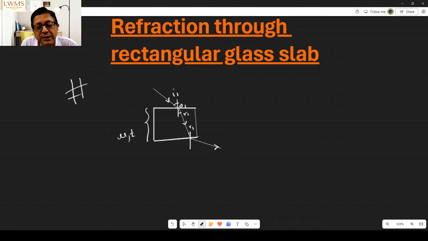If this is a rectangular glass slab, then these two sides are parallel and these two sides also. I have taken the cross section. So if this is R1, this is going to be R1 and this angle of emergence be I2.